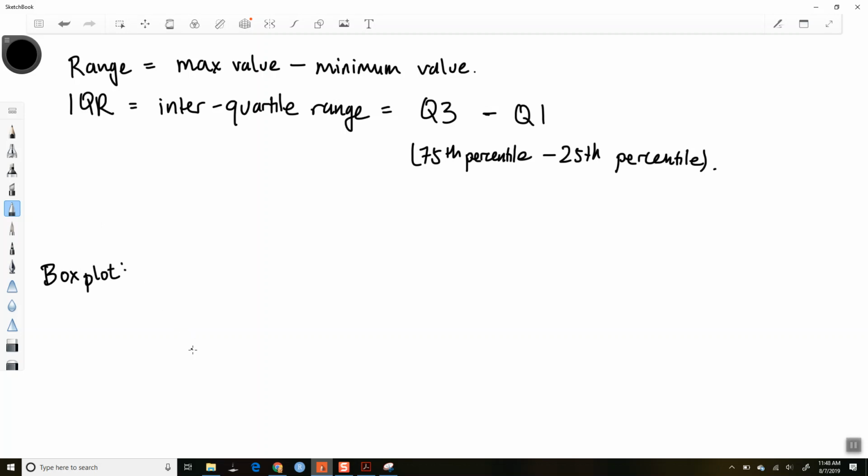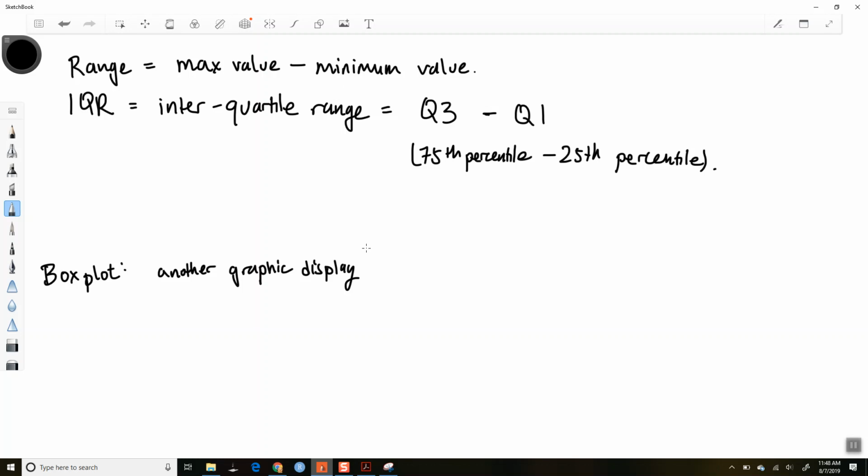And then they all appear in the box plot, okay? And so the box plot is another graphic display, and the whole point of the box plot is to remove detail, okay? Because sometimes detail can be distracting, okay?